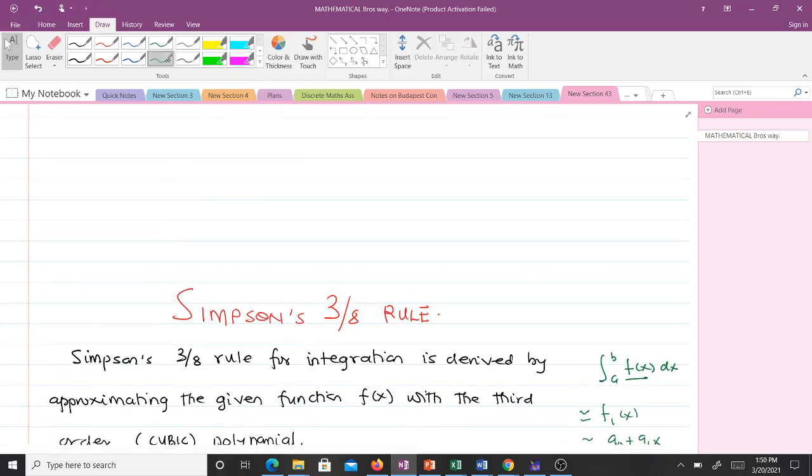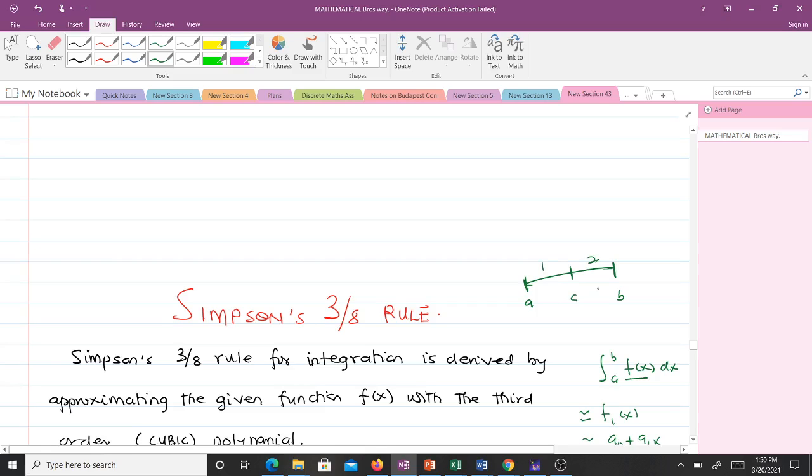Here we have just one segment, so we have 2 points, A and B. If we divide AB into two equal parts, we are going to have a certain point C here. So now we'll have 2 segments, and we'll have 3 points.